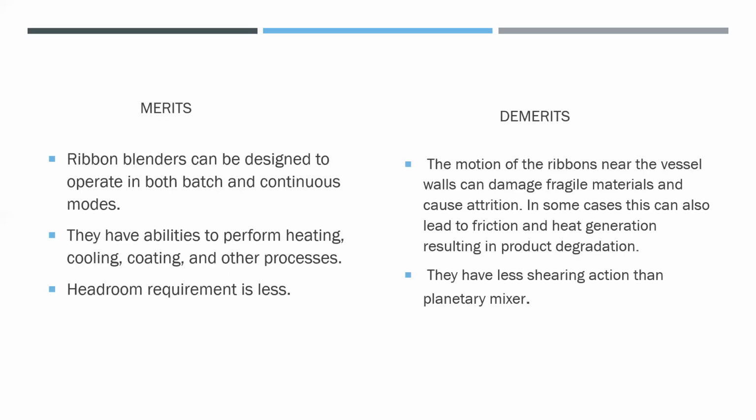Next, merits. First, these ribbon blenders can be designed to operate in both batch and continuous mode. आपण हे रिबन ब्लेंडर दोन्ही बॅच किंवा कंटिन्युअस मोड साठी ऑपरेशन साठी यूज करतो. Next merit, they have the ability to perform heating, cooling, coating and other processes.